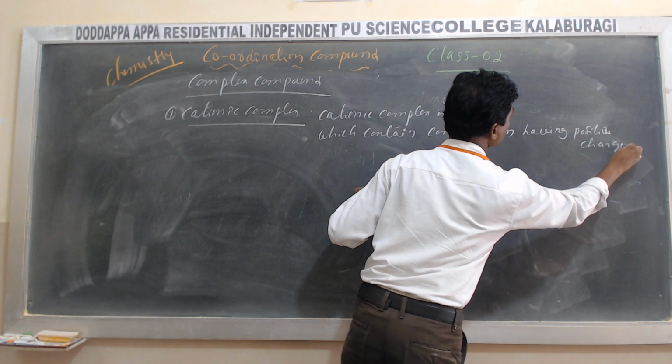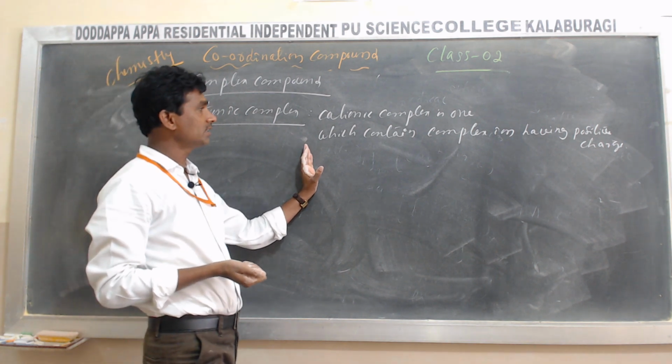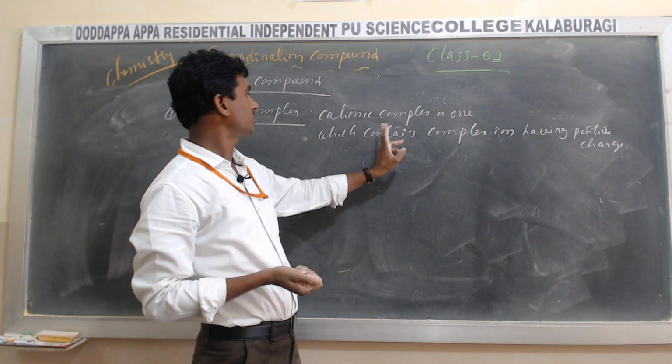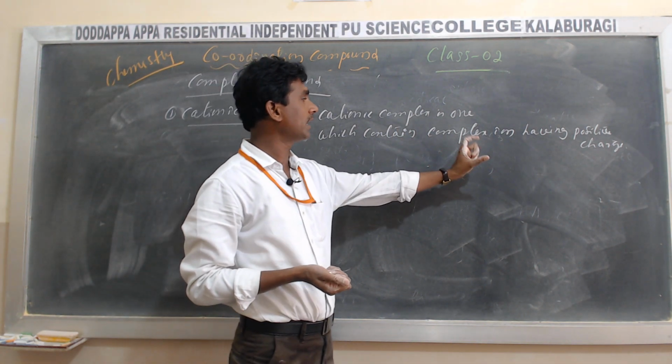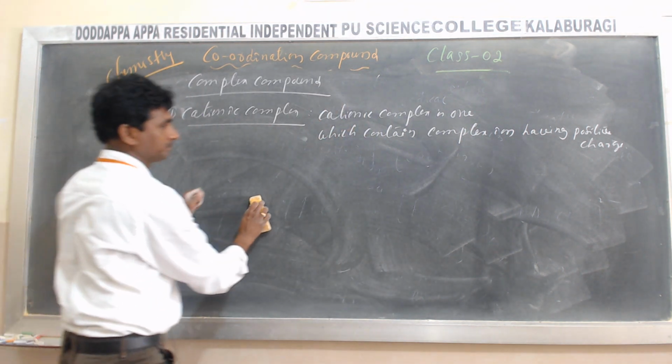The cationic complex is defined as one which contains at least one complex ion having a positive charge. Okay, I can explain.